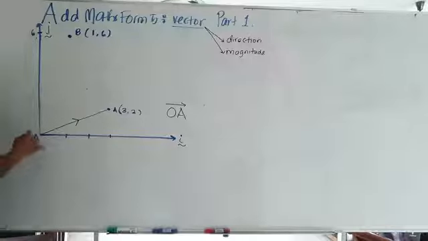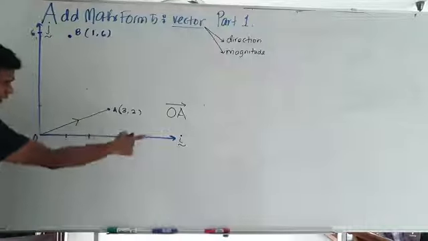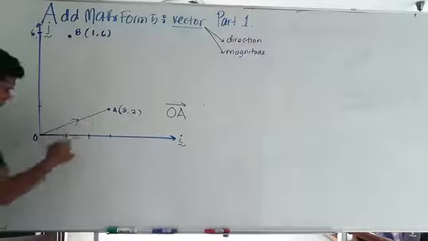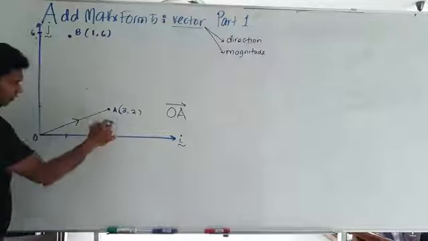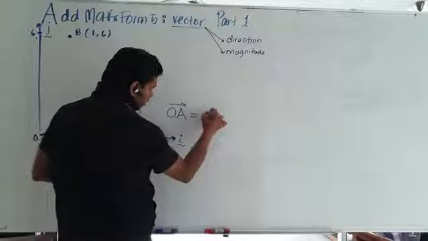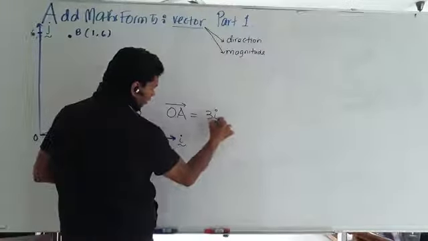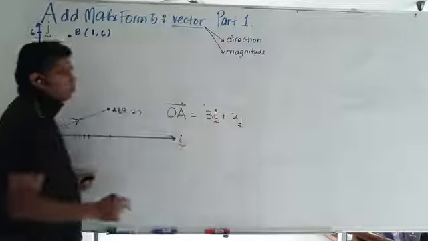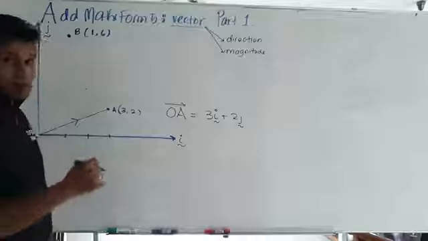So in this case, it's going to be 3 on the i and 2 on the j, because the coordinate is (3, 2). 1, 2, 3, 3i; 1, 2, 2j. So therefore, the vector is written as 3i + 2j.